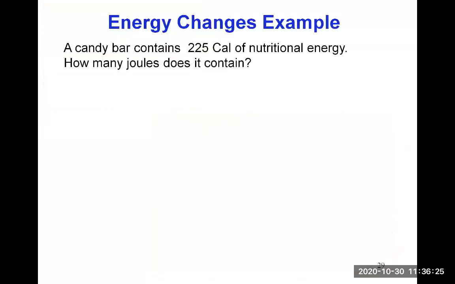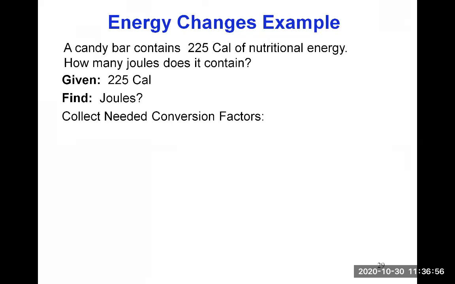So let's go through some examples about energy changes. A candy bar contains 225 nutritional calories. And how many joules does it contain? So we need to do a conversion here, right? The given amount is 225 nutritional calories. We want to find what it is in joules. So we will need the correct conversion factors.